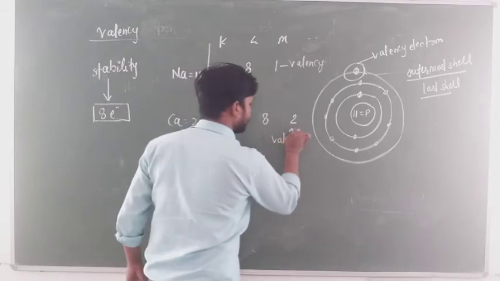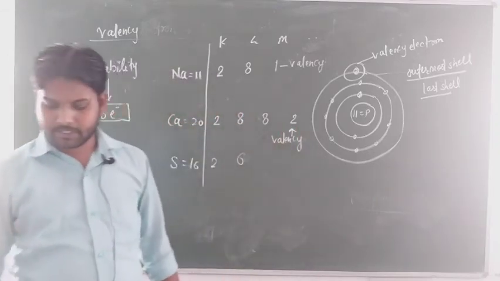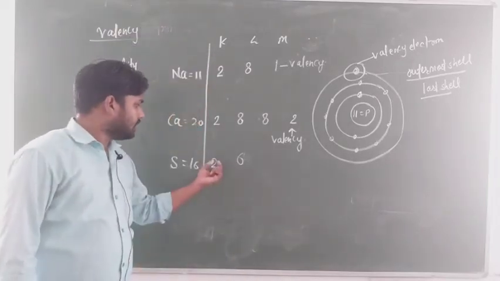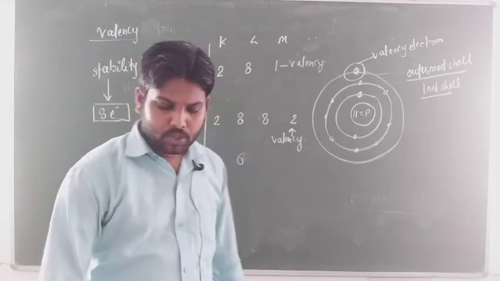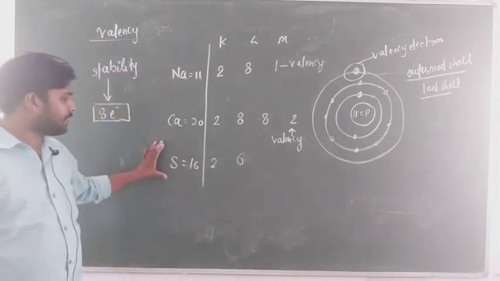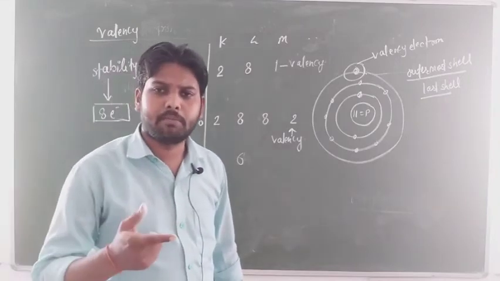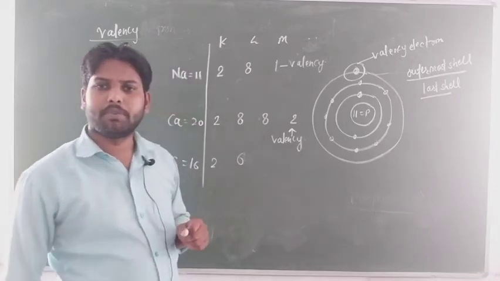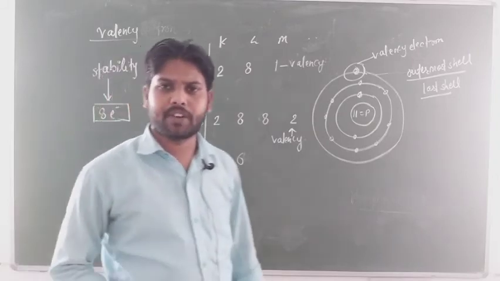Okay, and now see sulfur. Students, in sulfur the last shell contains 6 electrons. So if sulfur gains 2 electrons from another atom, it will complete its stability, because there is a deficiency of 2 electrons in sulfur.